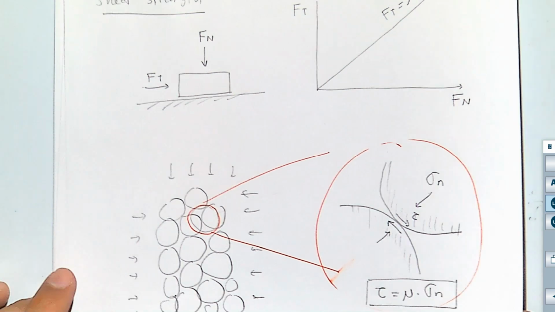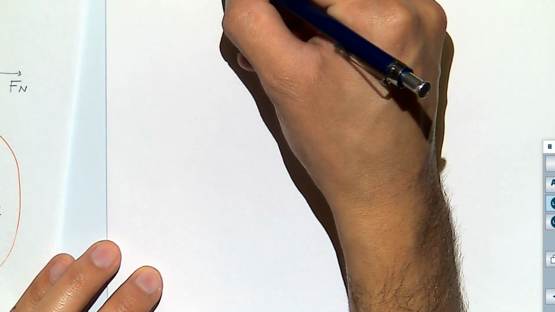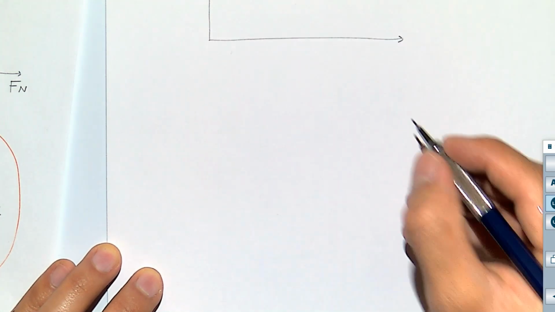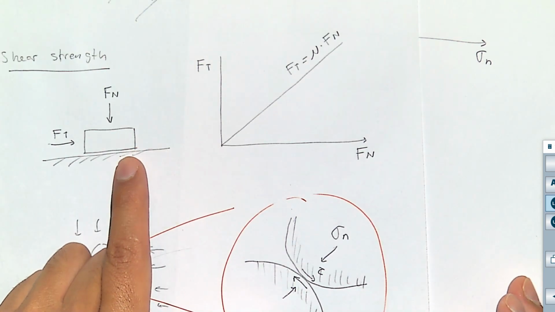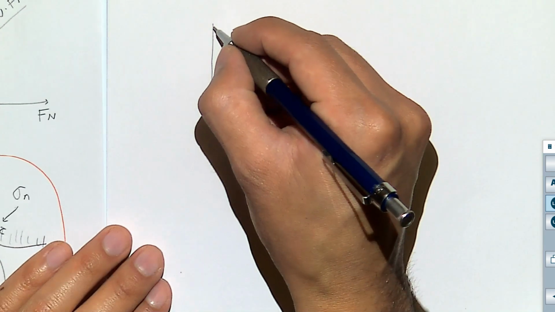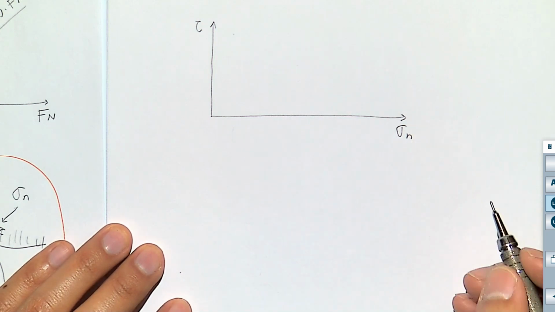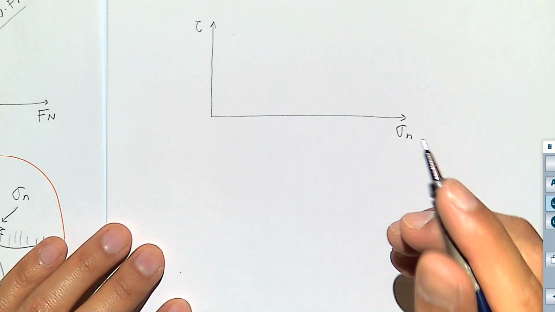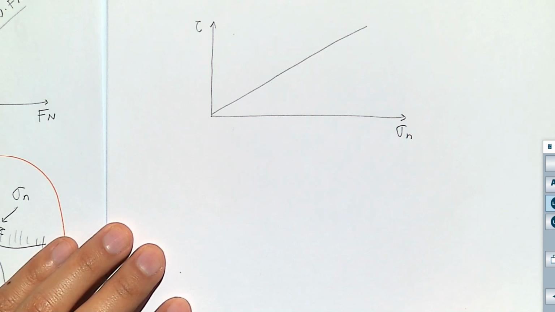So what we're going to see then, and we're going to prove here in class, is that similarly to a block of a solid displacing on a flat surface, for rocks, and in this case for unconsolidated rocks, the bigger the effective normal stress on a particular granular material, the bigger is going to be the stress required for that rock to fail or to form a fracture.